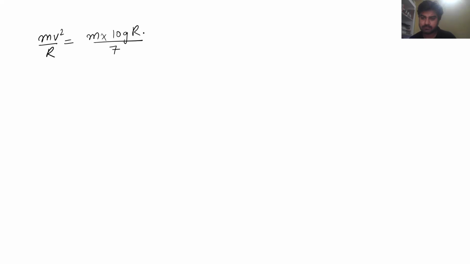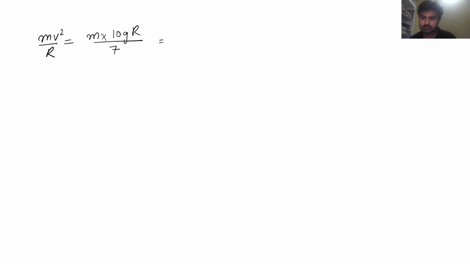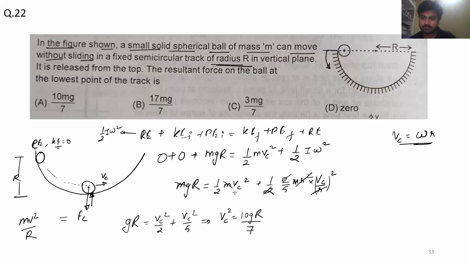So it will be 10 mgr by 7, and the radius gets cancelled out, so it is 10 mg by 7. This will be the force acting on the bottom, right? So the answer will be option A.